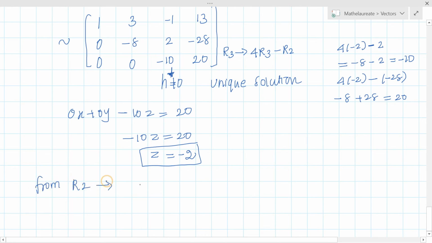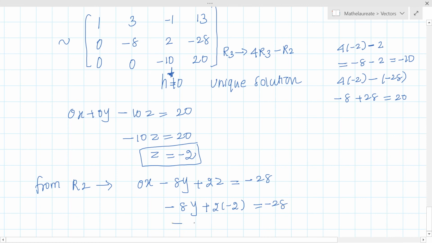From R2 we get 0x minus 8y plus 2z equal to minus 28. Okay, which means minus 8y plus 2z. Instead of z, we can substitute this value of negative 2. So we'll get minus 8y plus 2 times minus 2 equal to minus 28.